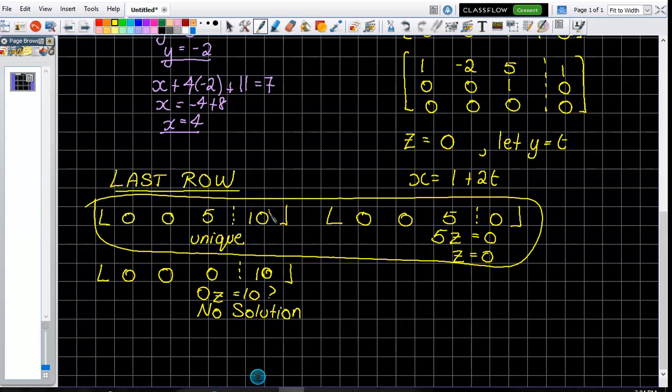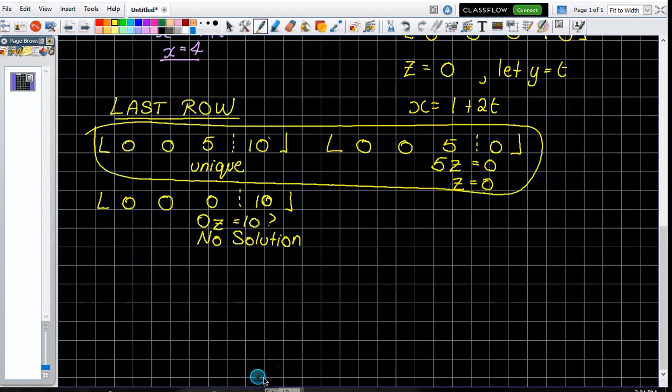Okay, and then of course we've got the very last one, when the last row is 0, 0, 0, 0. Well, that's when we have to let Z equal t or let Y equal t, so t's get involved.